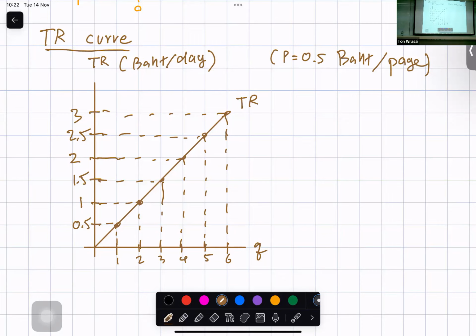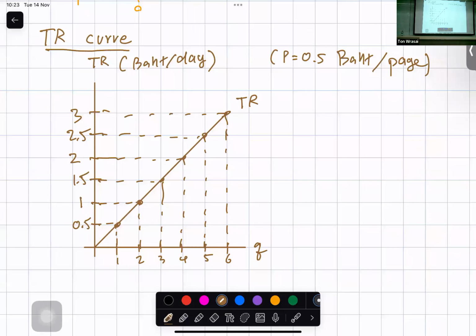Can you help me find the slope? Slope of this TR curve then. Slope comes from what recipe?